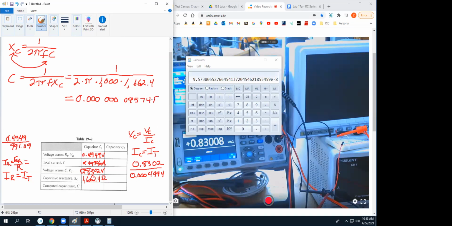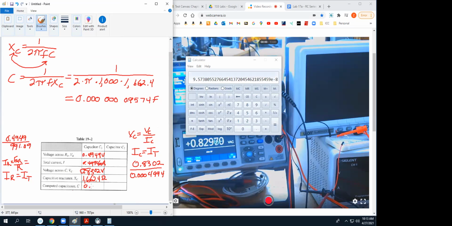This is going to be farads. Did I do that right? My calculator is showing to the -8. So 1, 2, 3, 4, 5, 6, 7, 8. What does this equal about? Almost 0.01 microfarads, which is what it's supposed to be, right? 0.1 microfarad.